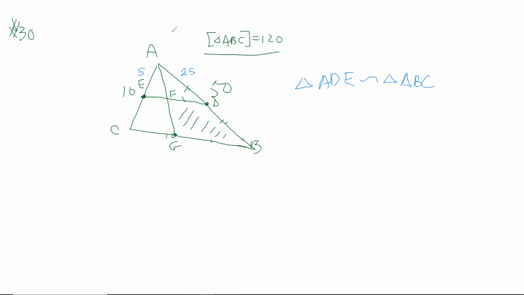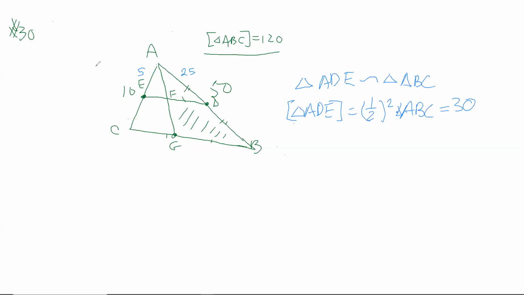Triangles ADE and ABC share the same angle, and they both share the same side ratios, so they're similar. Since each side length is half of ABC, the area of ADE is 1/2 squared times the area of triangle ABC, which is equal to 30.